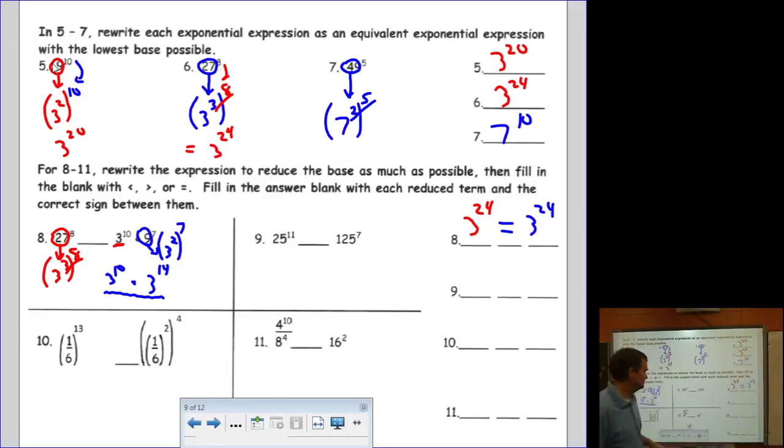Number 9. All right, the 25 can be rewritten as 5 to the 2nd power. But since 25 was to the 11th, this needs to be to the 11th. And then, since this is a power to a power, you multiply them, 5 to the 22nd.